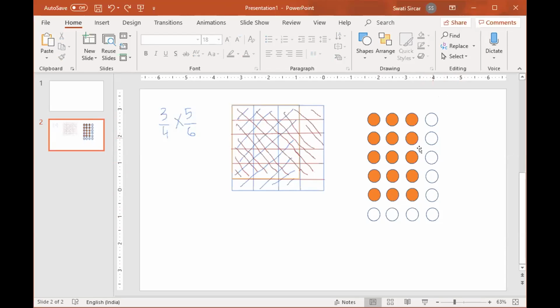So basically the idea is to rearrange it so that one portion is split like this.